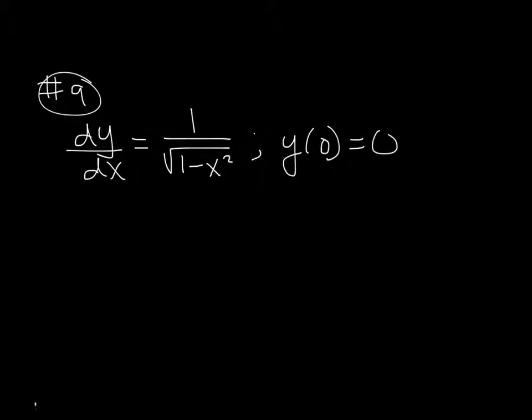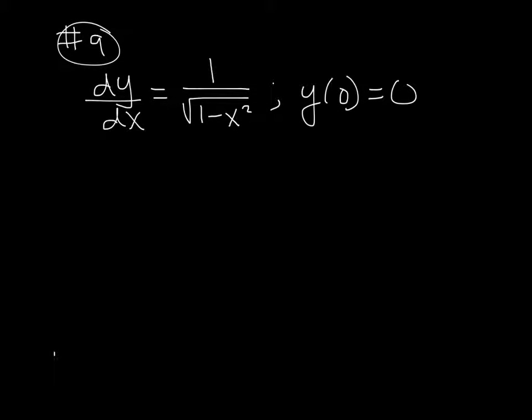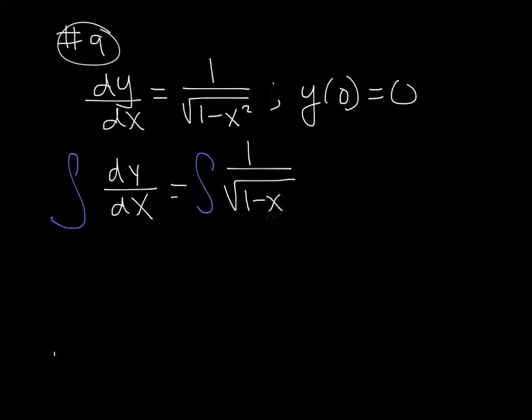So this is going to be the integral of dy/dx, and again we're integrating 1 over the square root of 1 minus x squared with respect to dx. So remember, we have integration and differentiation, right? This is really d/dx of y, and y is our function that we're looking for. So this is just y of x.